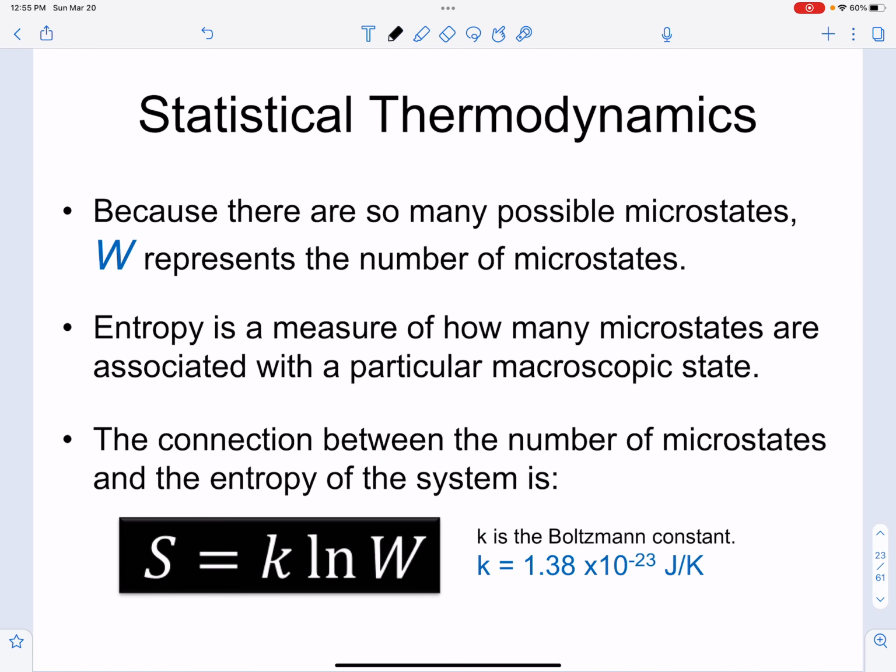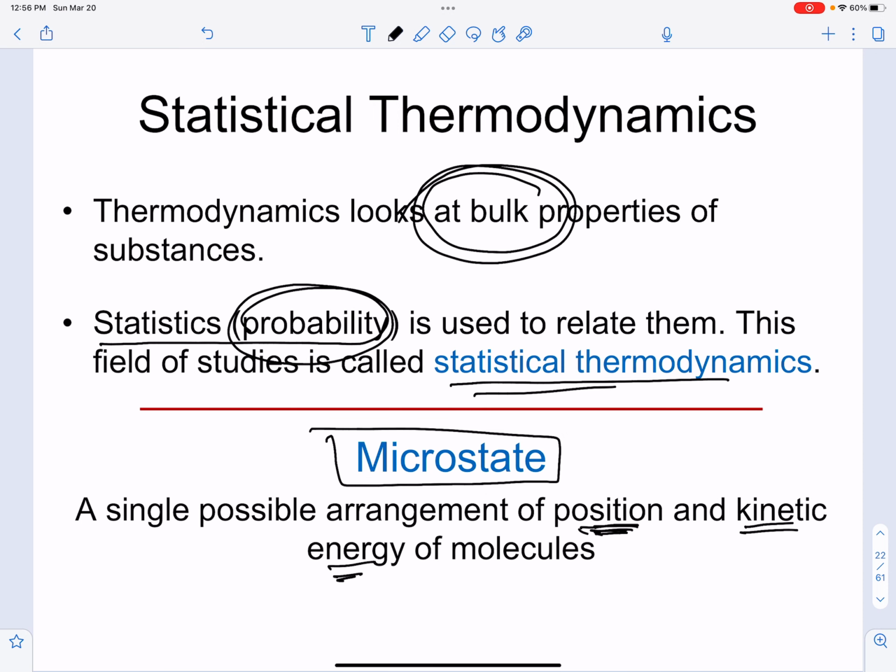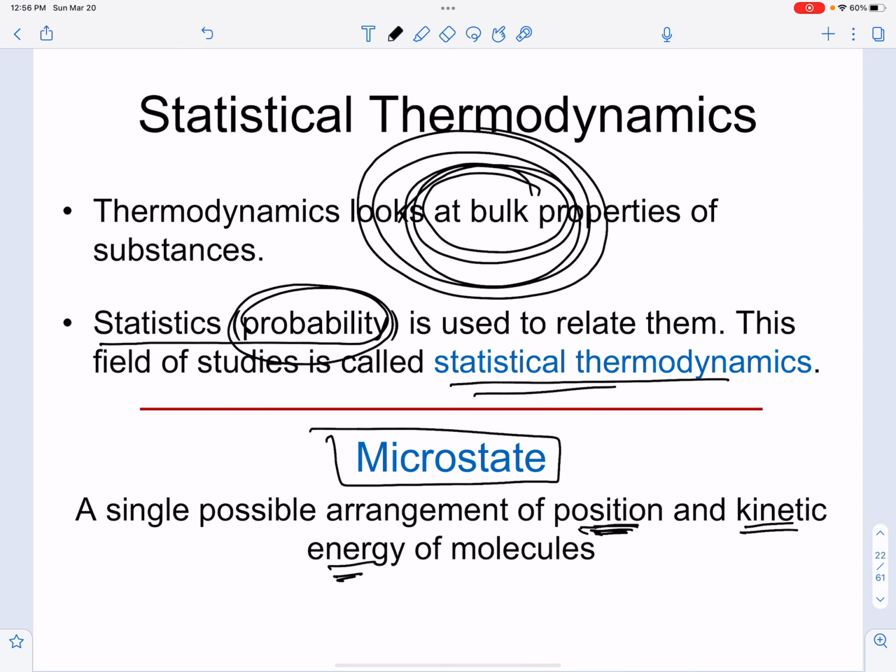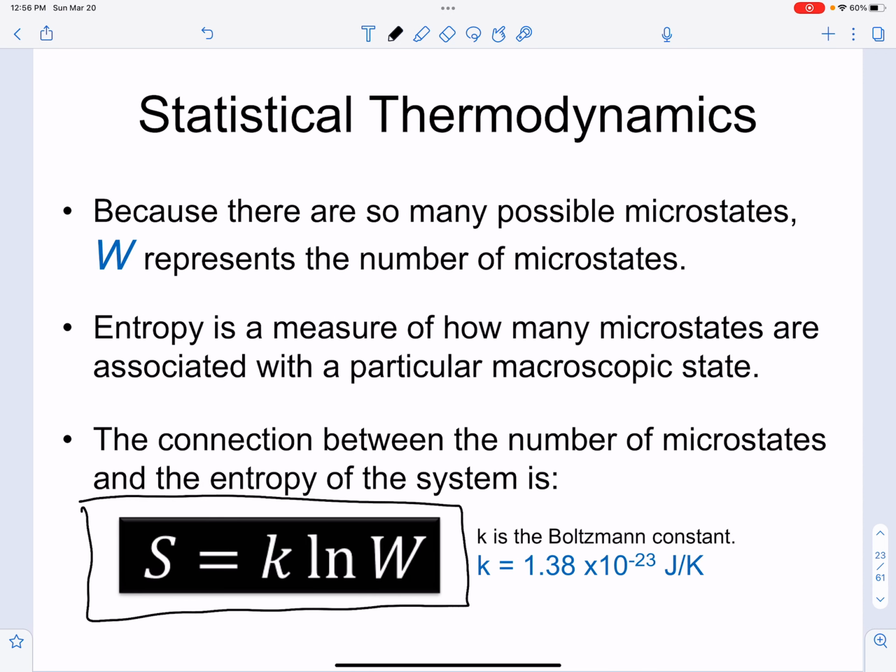All this can be summarized with this formula. Remember that so far we have been talking about the change in entropy. This formula allows you to measure entropy on its own, not the change, so this is how you would measure the initial and final entropy. On the bulk scale, with things we can see with our eyes, we only measure the change by observing the change.